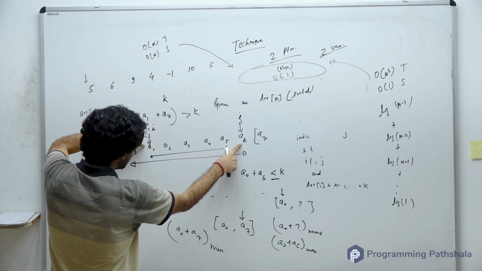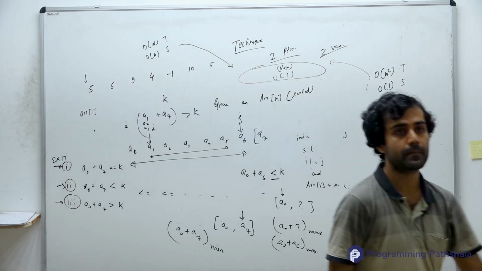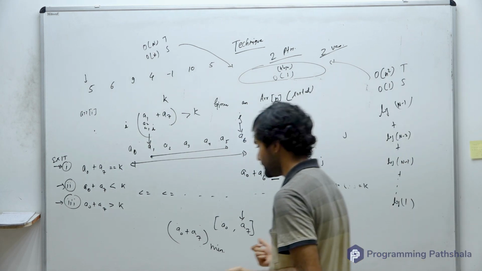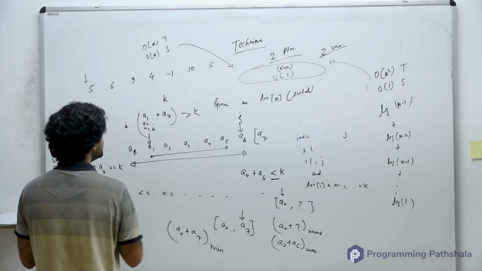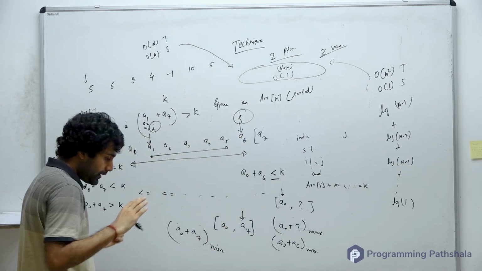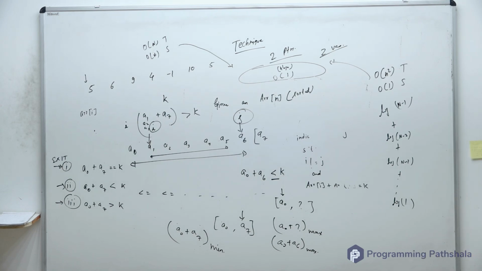So in that case, you will regard this thing as useless and move this by doing I plus plus. So this is the major philosophy behind two pointers. No matter how many pointers you are using, you should understand the physical significance of them. The physical significance here is that everything to the left of I is useless.